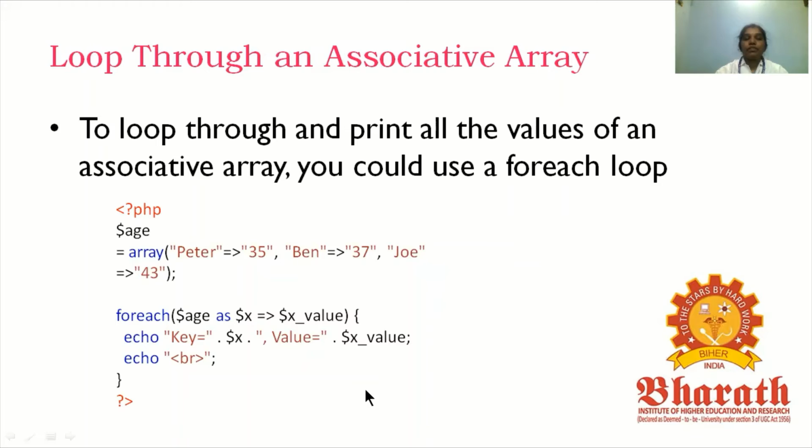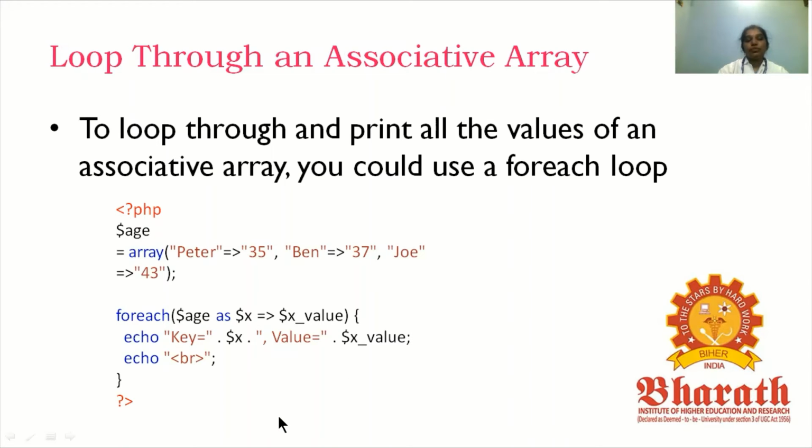The same foreach is explained here. One more example of foreach. Here also I have used the same array variable, with these values inside. But for foreach, the first one is the array, and this is for an associative array.